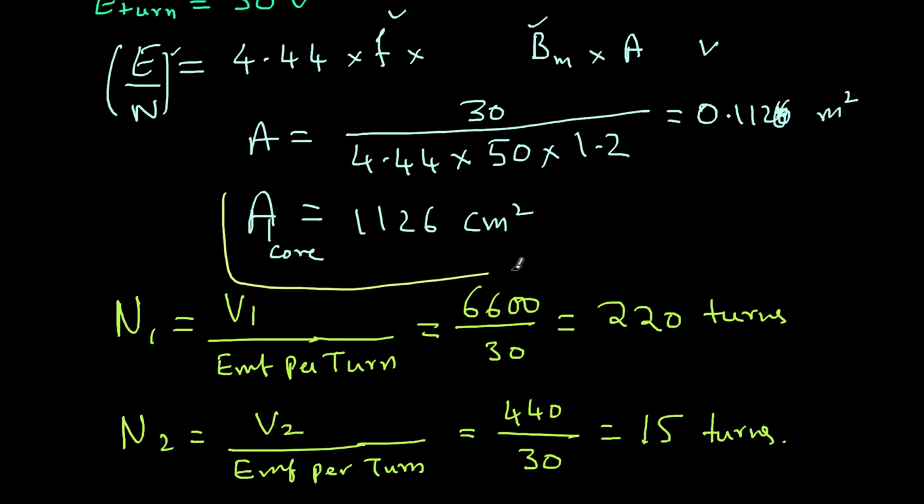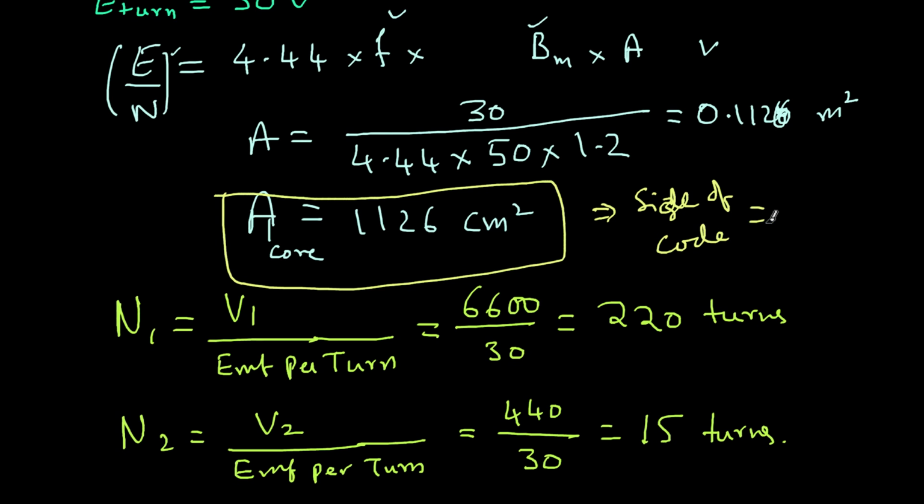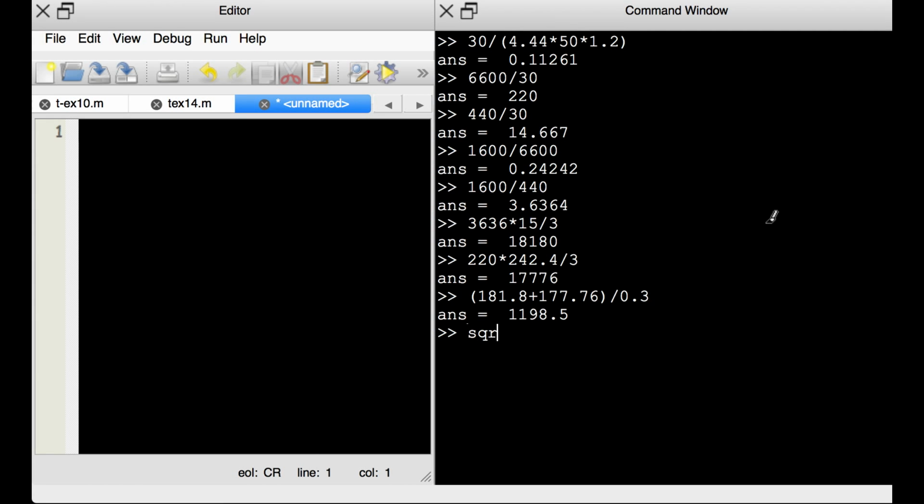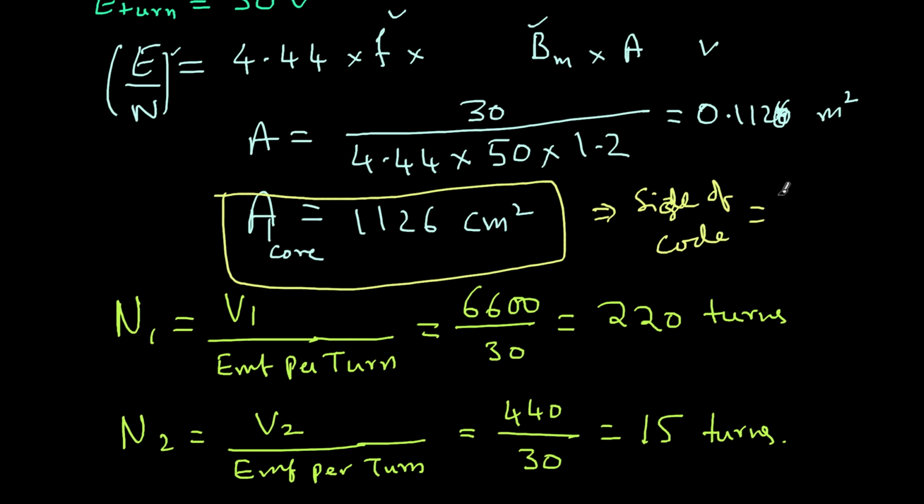One answer is the area of the core. From this area of the core, if I assume the core is to be square shape, let me calculate the side of the core. Side of core is nothing but square root of 1126. So that is 33.5. So let's assume it to be 34 centimeters.